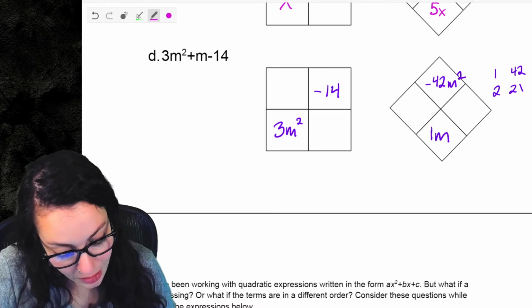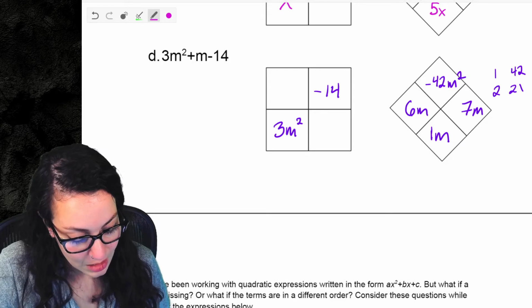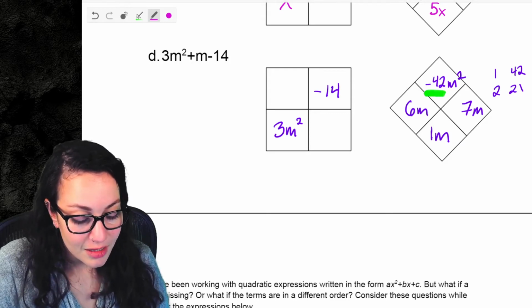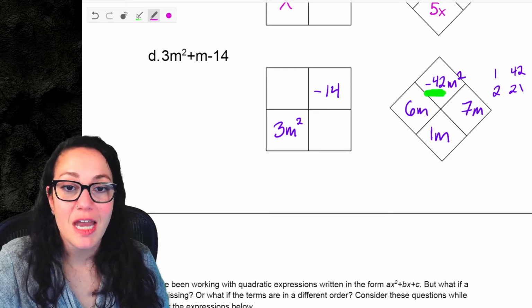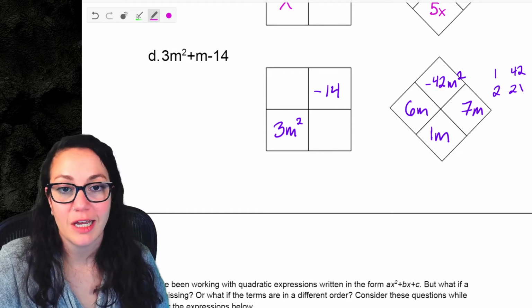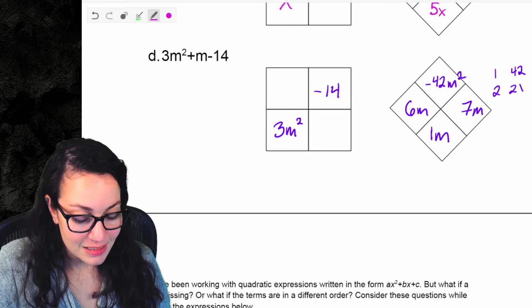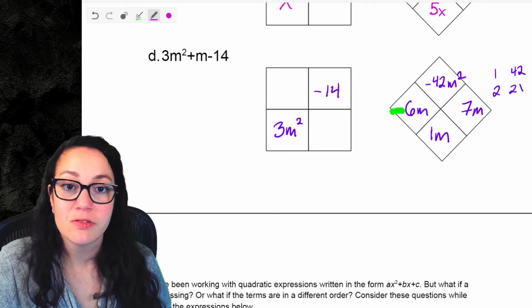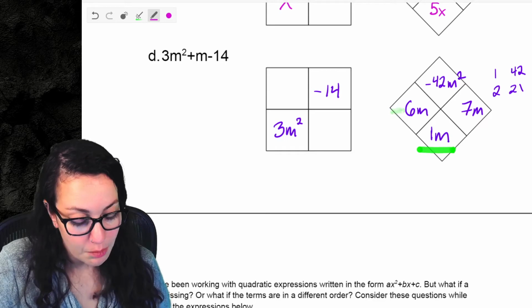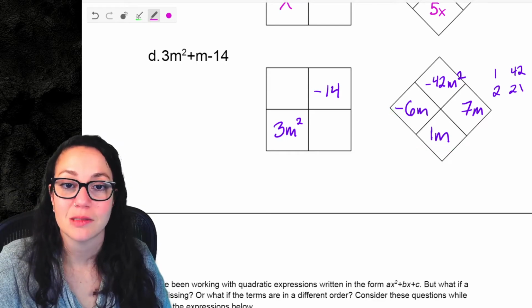So I'm going to write it in as 6m and 7m. Now, because we have negative 42m squared, one of those factors has to be negative. So if our 6 is negative, negative 6 plus 7 is in fact positive 1. So I'm going to add the negative sign to my 6.